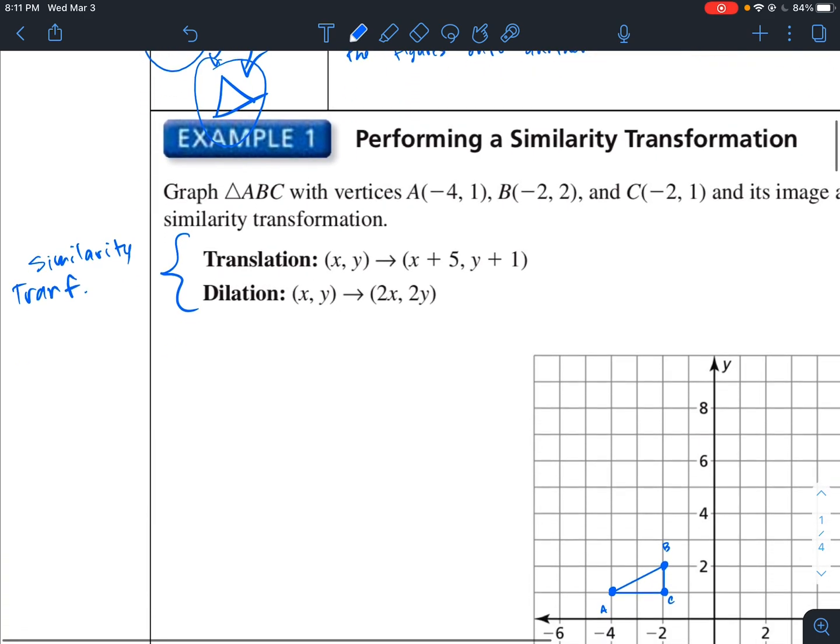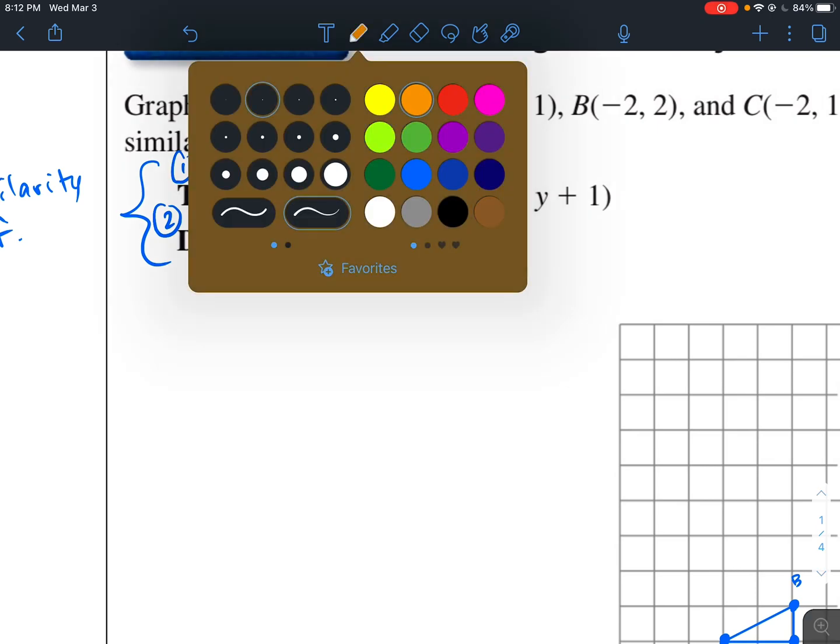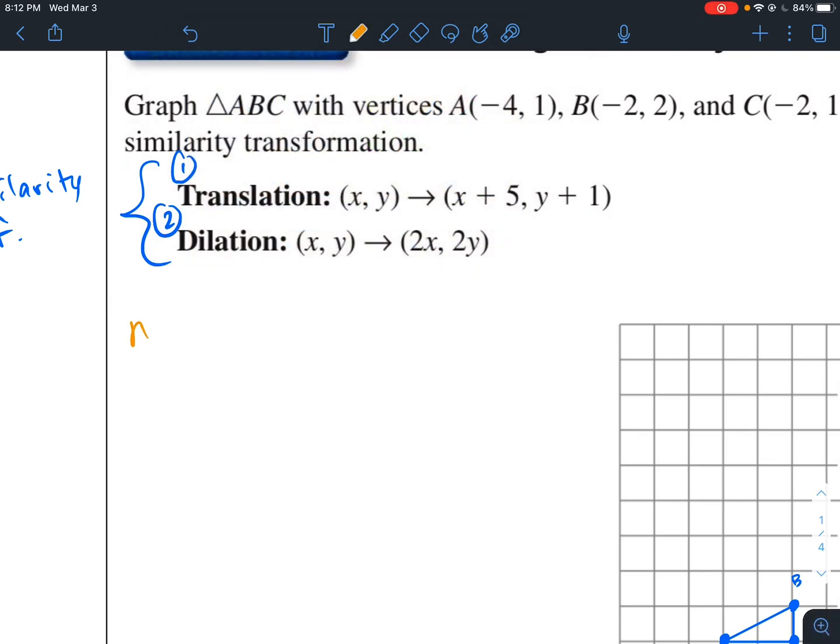First we need to do 1 and then 2. For A prime, we add 5 to the x and add 1 to the y.